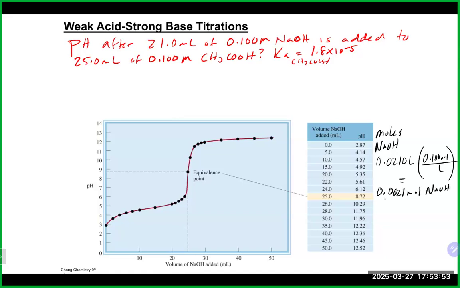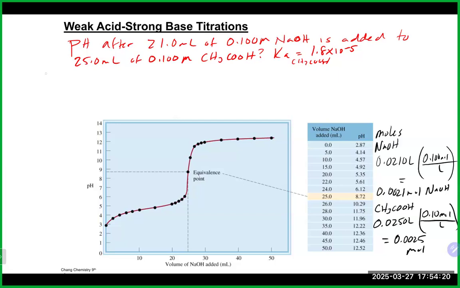We'll do the same thing for our acetic acid here. We have 25 milliliters converted into liters times the molarity of 0.1 moles per liter. It's going to get us 0.0025 moles.